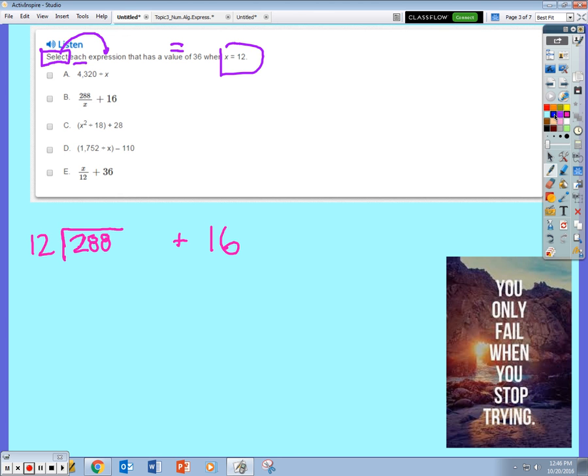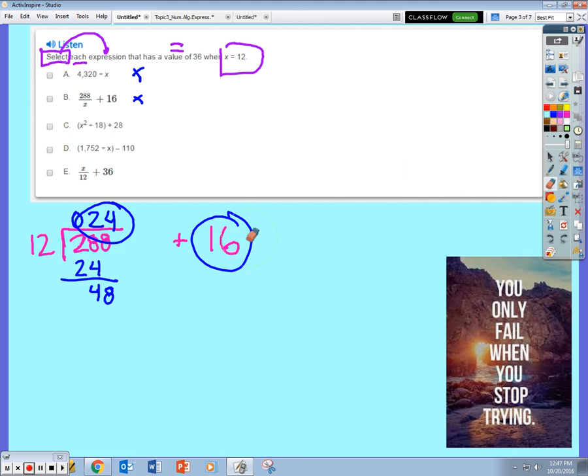Well, 12 doesn't go into 2, so I can put a 0 there, hold place value. 12 goes into 28 twice, so that gives me 24. I subtract, that is 48. 12 goes into 48 4 times. Now we want an answer of 36. Well, I have 24 plus 16. That gives me 40. That's not going to work. So no for you, no for you.